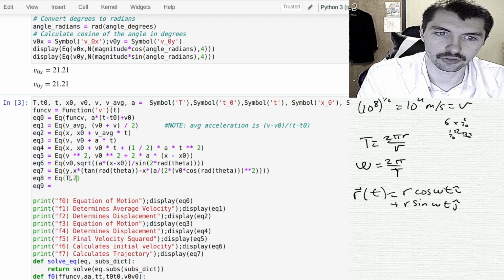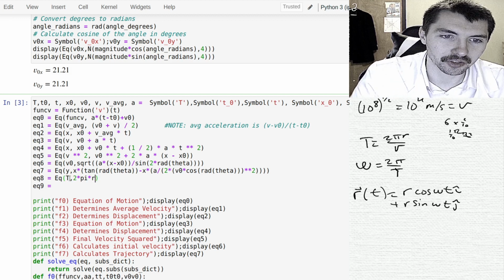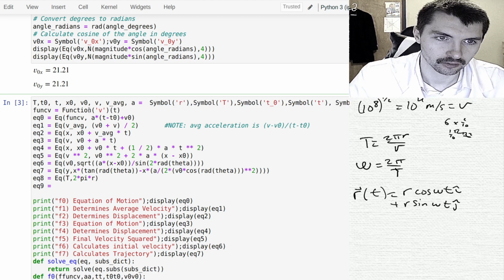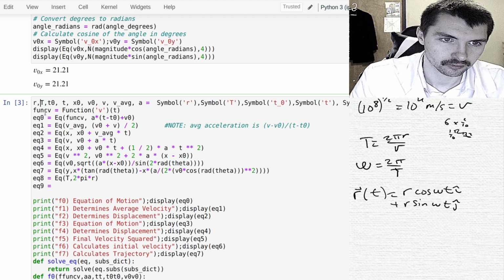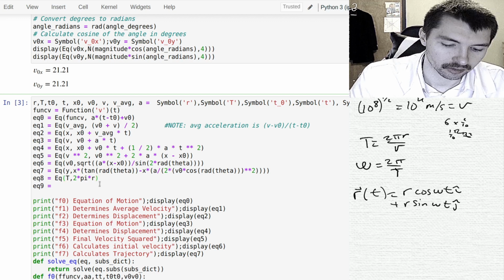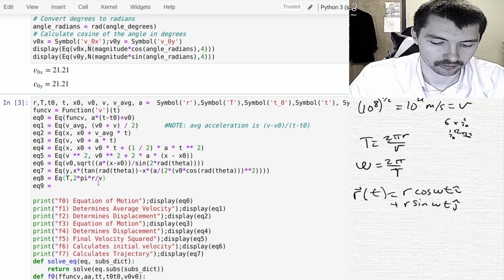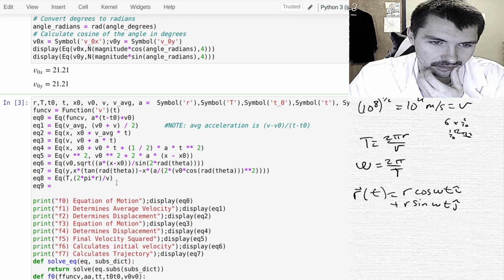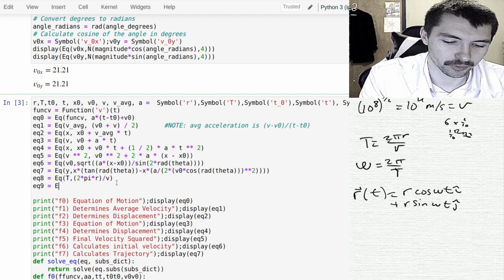T is 2 times pi times R divided by V. So I know I don't need parentheses here, but for my peace of mind, I do it anyways.